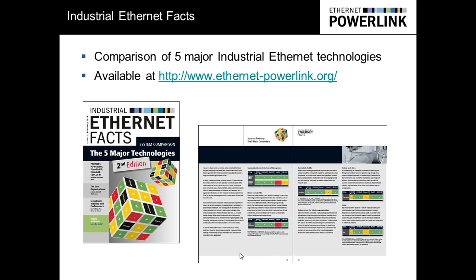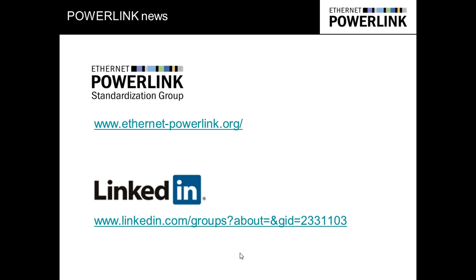So everything I've talked about so far is available on the Ethernet POWERLINK website. There is a publication that's worth downloading called Ethernet Facts. It compares the five major technologies for industrial Ethernet, so I would highly recommend downloading that PDF and reading it. It's right on the website.